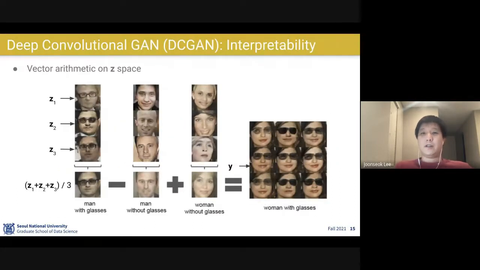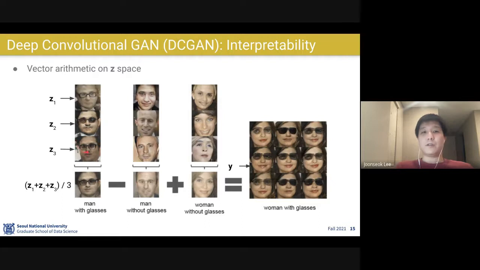And in their paper, they actually provided these interesting examples, which provide interpretability of these vectors. You probably remember that we've seen a very similar thing using word vectors in natural language processing. So given these 3 random vectors, which are close to each other, this model generated this image, and this image.